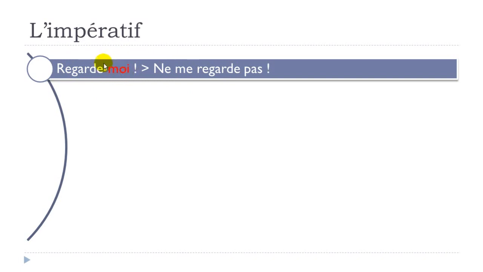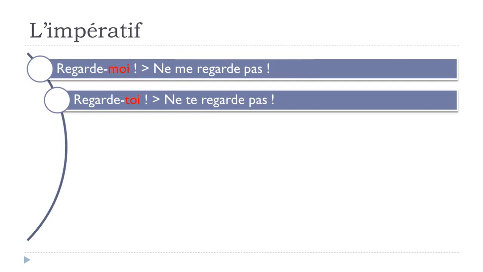And then this me is one of the pronouns that will change and it will become moi. Regarde-moi, okay? But when you put this structure back to the negative form, me just becomes the normal form, so ne me regarde pas. All right? Same thing, so toi will be the second and the last to be drastically modified, so it will become regarde-toi, okay?